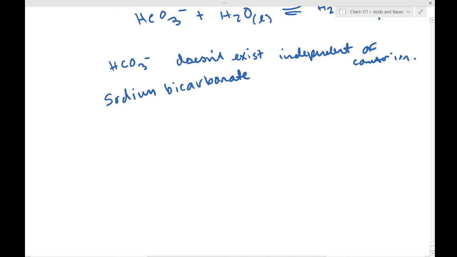Turns out if you dissolve it into solution, we have sodium, which is the positive ion, and bicarbonate, HCO3 minus. When you put these into solution, they form, of course, sodium and bicarbonate.